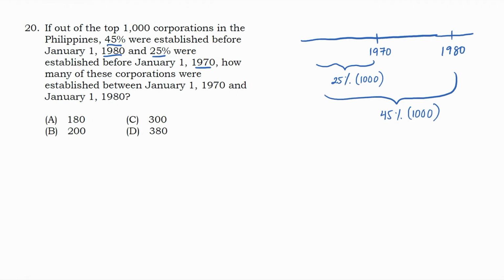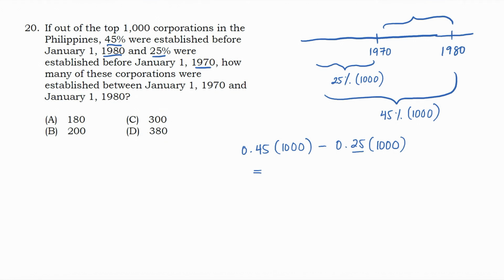So, ilan daw yung na-establish between these two dates, January 1, 1970 and 1980. So, para makuha natin yan, isusubtract natin yung product ng bawat terms. So, 0.45, ito yung 45% times 1,000 minus 0.25 times 1,000. This one is from 25%.